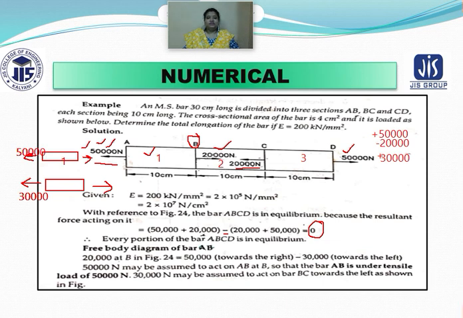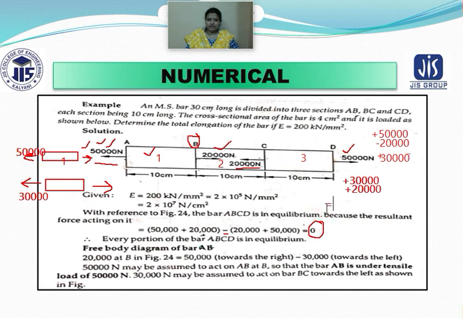In the same way, consider bar 3. Here you have seen a tensile load at C of 20,000, and if I consider the BC bar, you are also getting a tensile load of 30,000. So for the third case you are getting a positive load of 30,000, and also a positive load of 20,000.